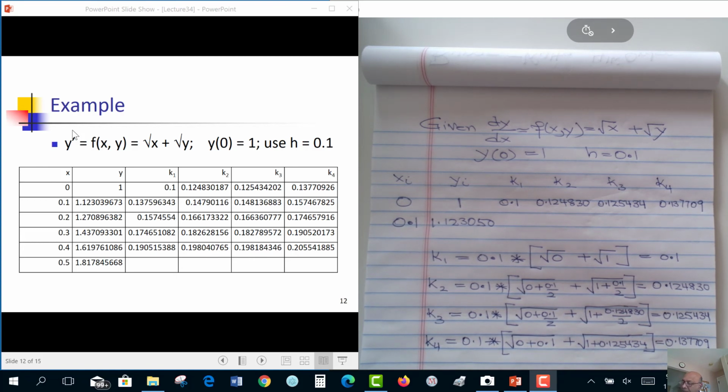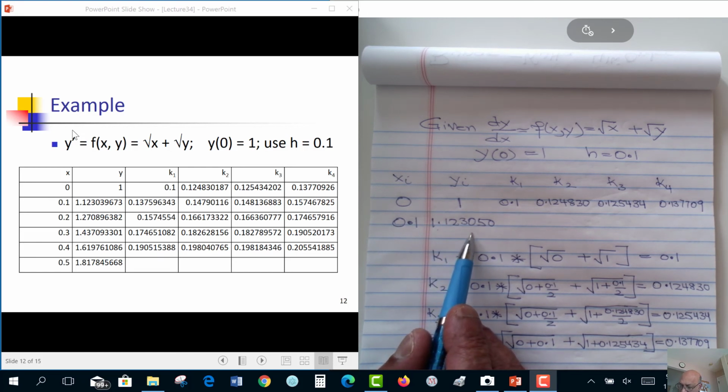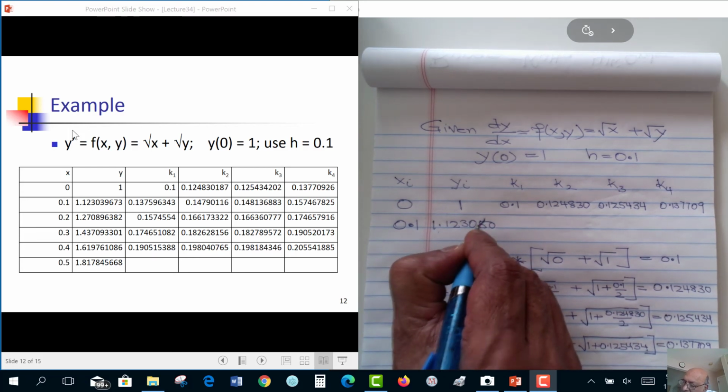Let's try it again. 0.1 plus 2 times 0.12483 plus 2 times 0.125434 plus 0.137709 divided by 6 plus 1, 1.123040, sorry, not 50, 40, rounded up.